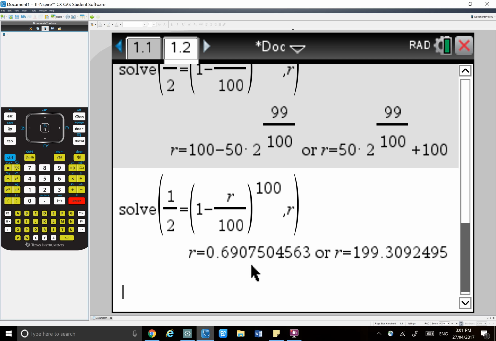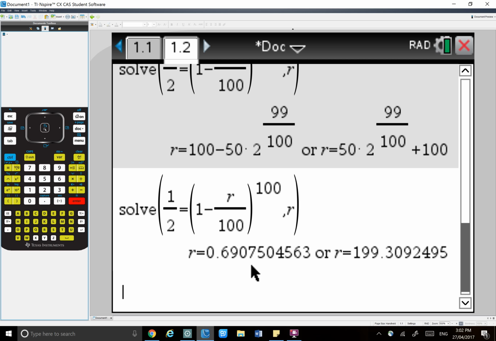And you won't have 199 because it's a decreasing rate. You won't decrease by 200% of itself. So the rate must be that value, 0.69. You won't take the other one. It's not reasonable to take that one.